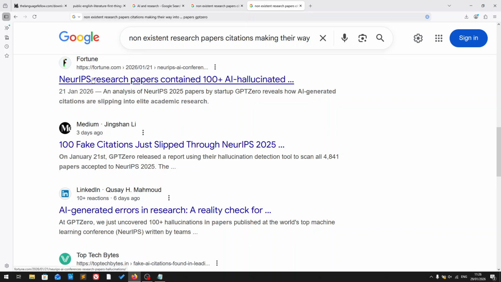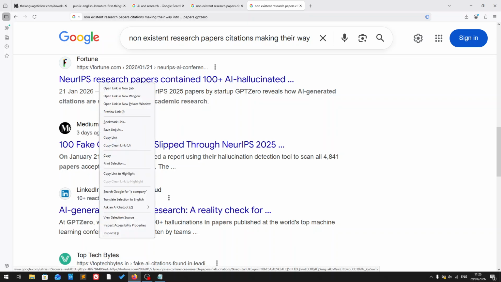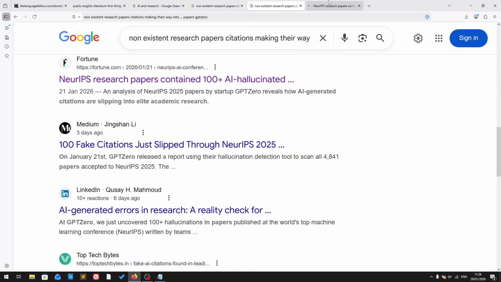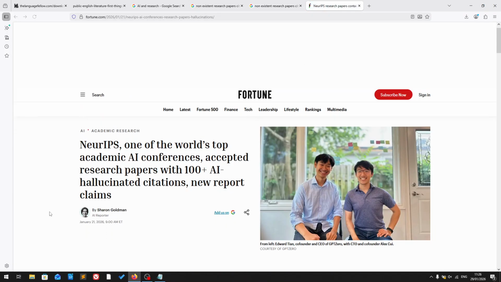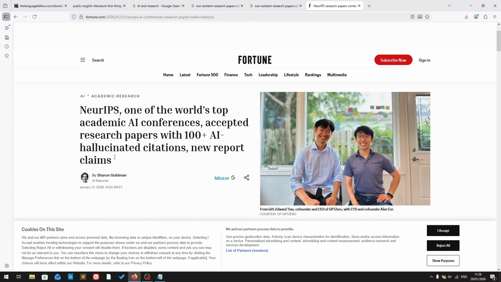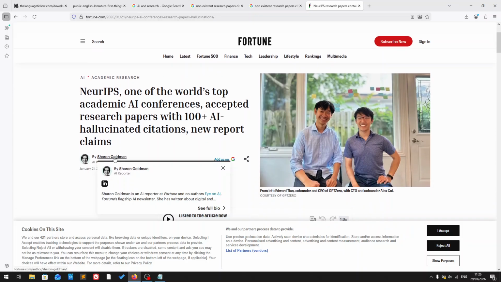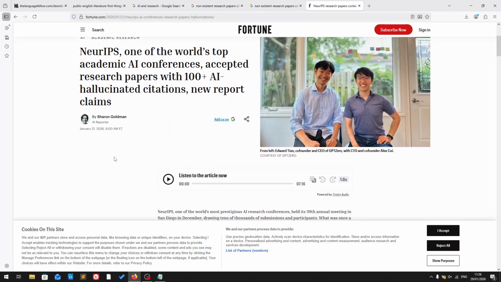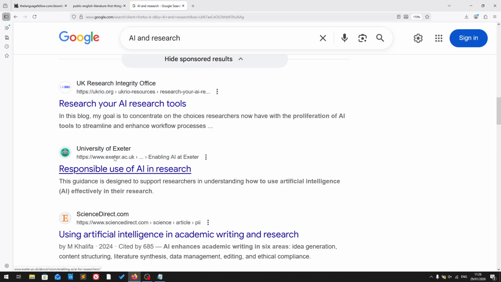Here it is, Fortune, right? So one of the world's top academic AI conferences accepted research papers with 100 plus AI hallucinated citations. The report claims, and you can find out more about this. So that's what's going on.